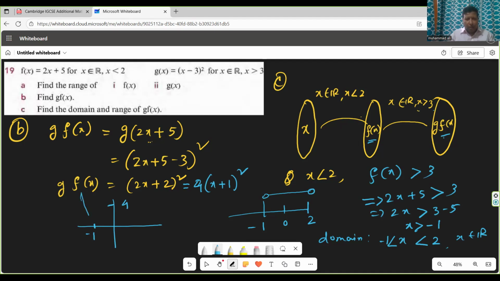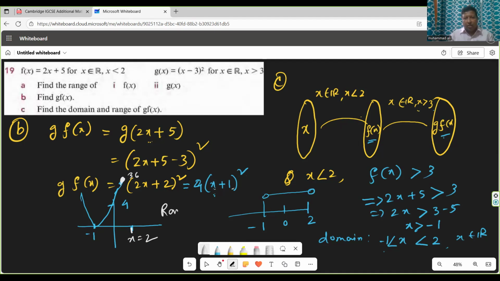This curve will be like this. So we have to put here x values from −1 to 2. If you put x value 2, 2 plus 1 is 3, 3 square means 9, 4 times 9 is 36. When x value is 2, the y value, that means gf(x), is 36.